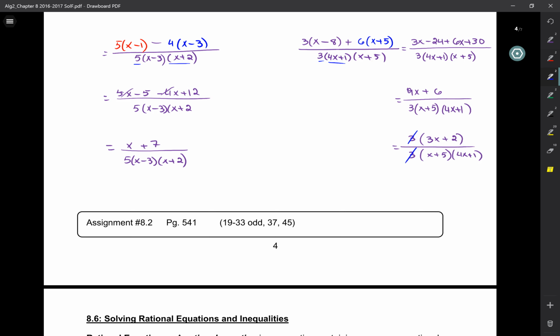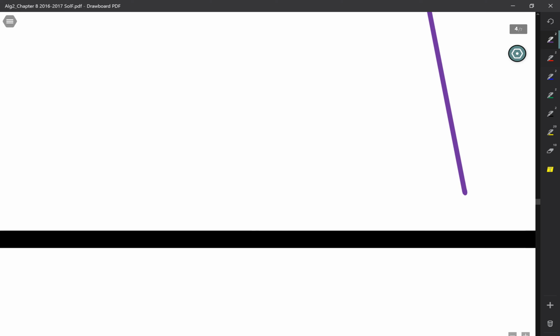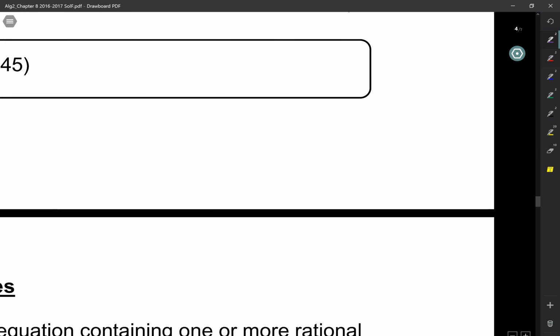If you did not take out the 3, and if you did not cancel with the bottom 3, you will not get full credit, right? So the answer is 3x plus 2 over x plus 5, 4x plus 1.